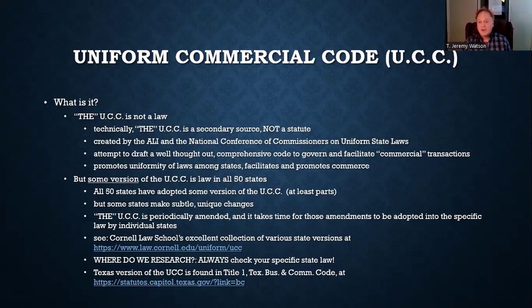And again, when they do, it takes time for that to trickle down, right? Even if the ALI makes changes this year, well, Texas is going to have to consider whether they want to adopt those changes, whether they want to put those changes into effect, whether they're happy where they are. And so, as you can imagine, it usually takes a few years for those changes to trickle down to every state. So it is important to know your state's version of the UCC and to know, if you're looking at another jurisdiction, what changes that jurisdiction makes, okay?